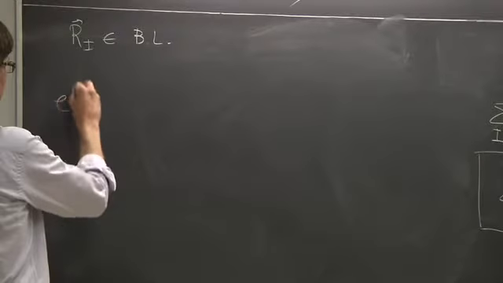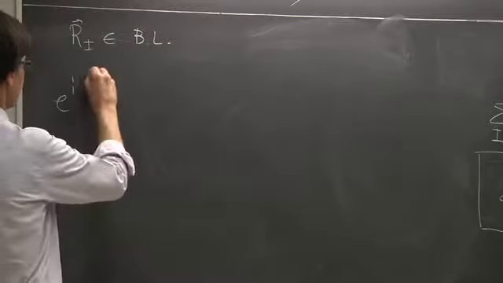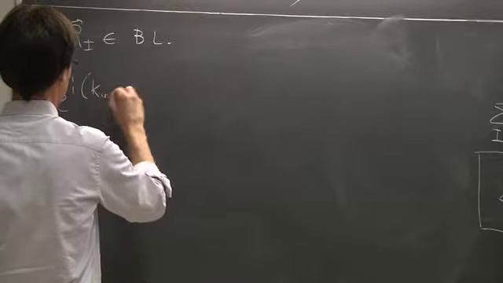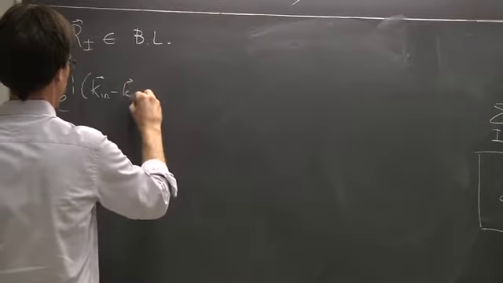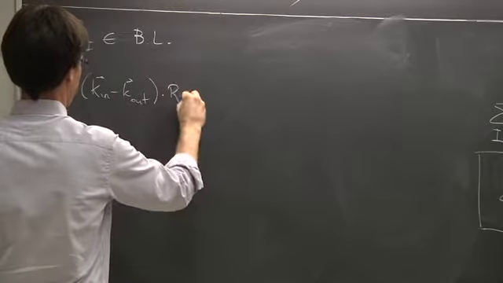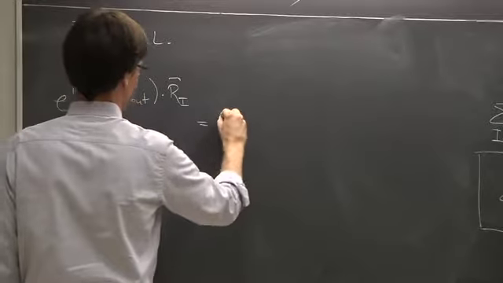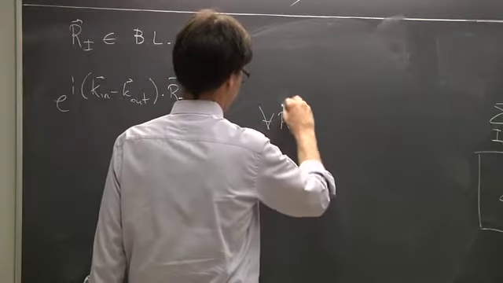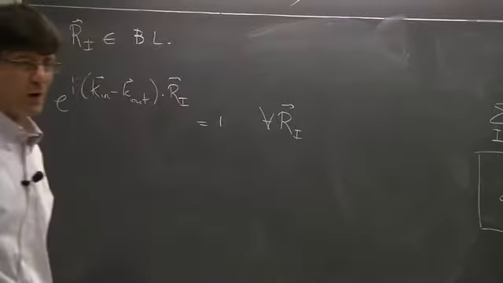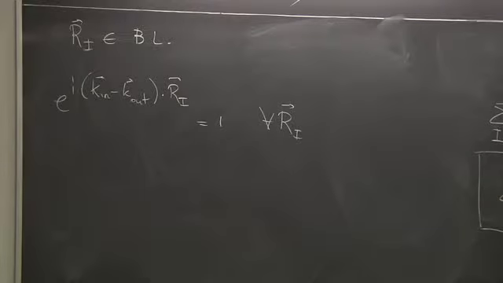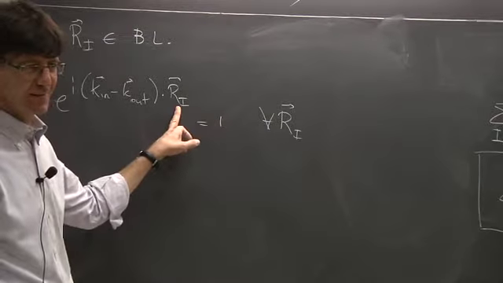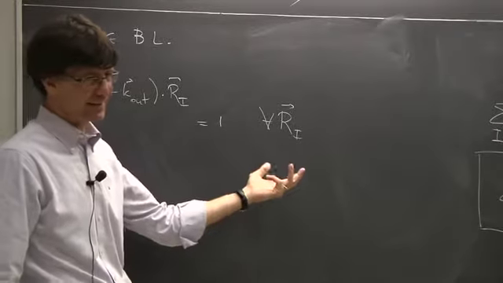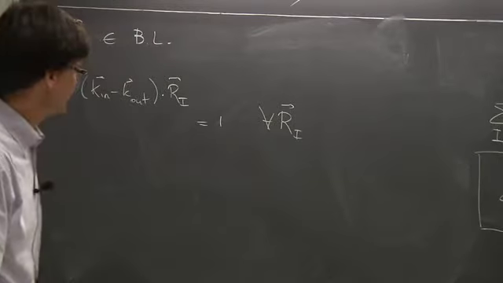Question: can I make this object equal to 1 for all Ri's? Wow. I have 10 to the 23rd Ri's. Of course, I know that if this is 0, I can make it 1, obviously, but that doesn't give me any information.